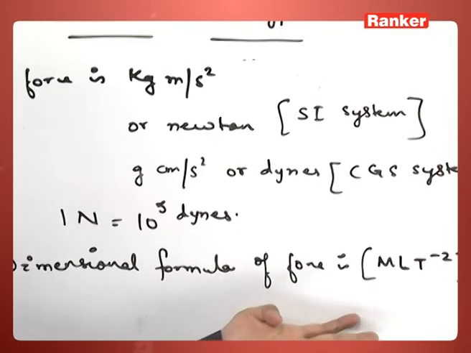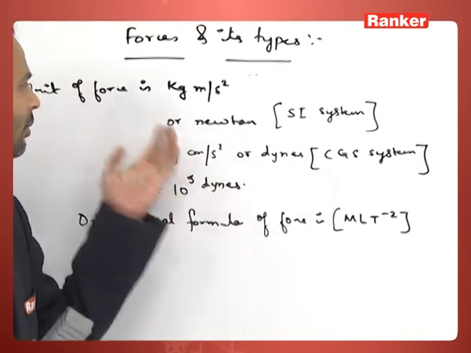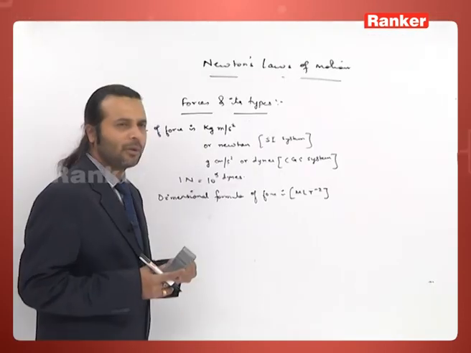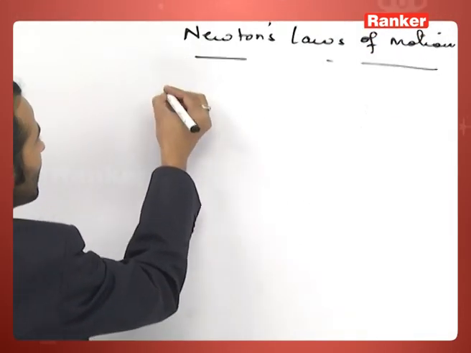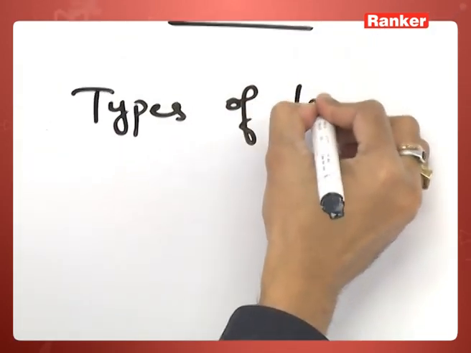Dimensional formula of force is MLT minus 2, and SI unit and CGS unit I have already discussed. Now we will discuss types of forces.